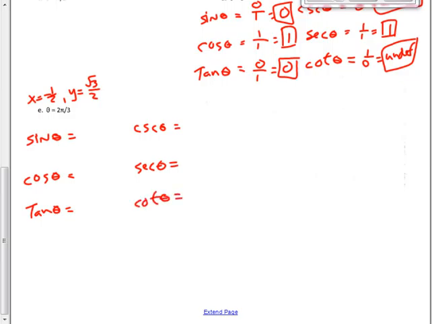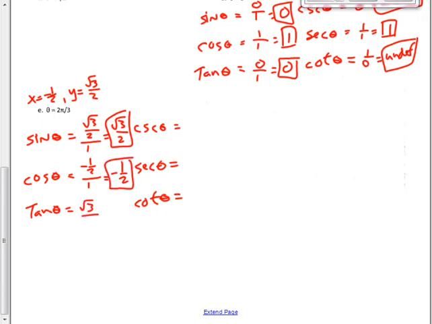And so you can see that this ultimately becomes just pulling out information from the unit circle. So sine is square root of 3 over 2 over 1, which is the square root of 3 over 2. Cosine is negative 1/2 over 1, which is negative 1/2. Tangent is square root of 3 over 2, all divided by negative 1/2.